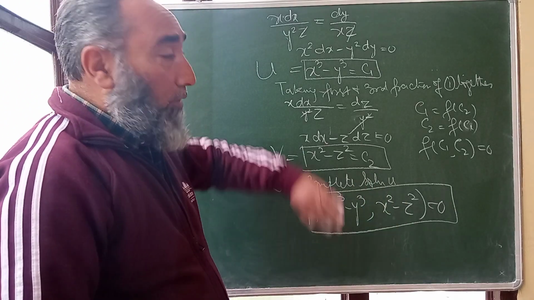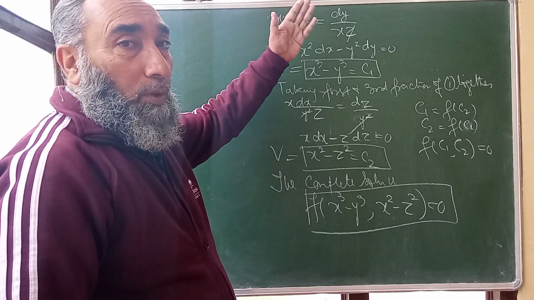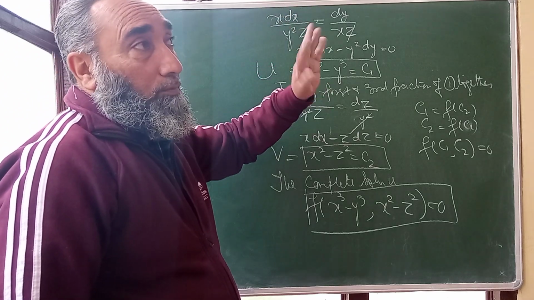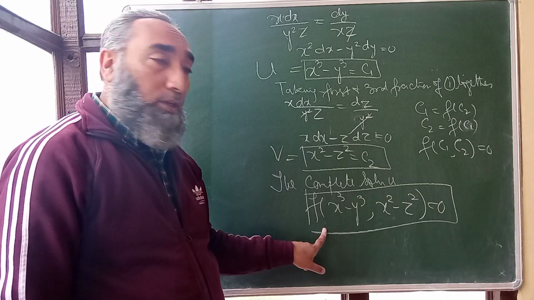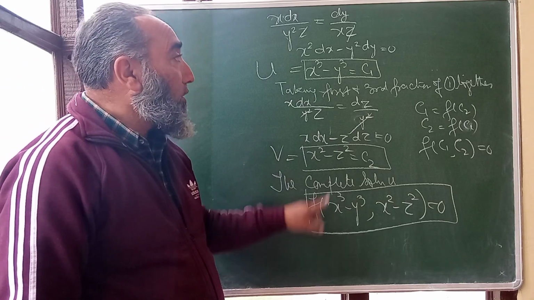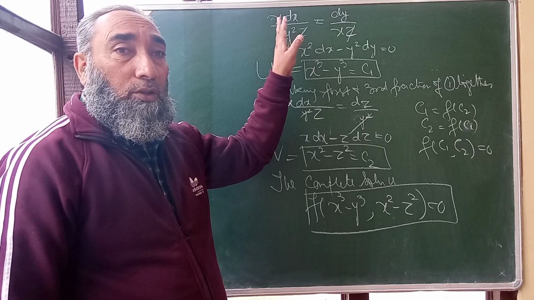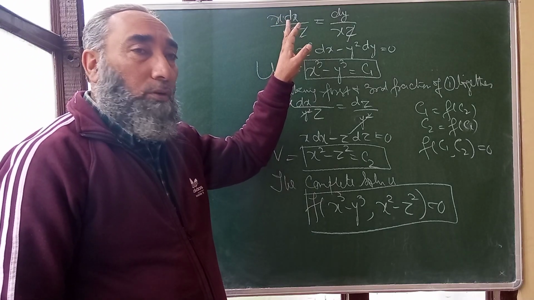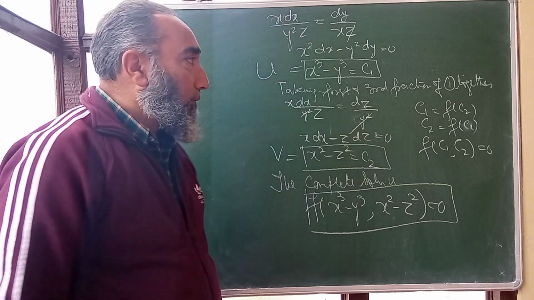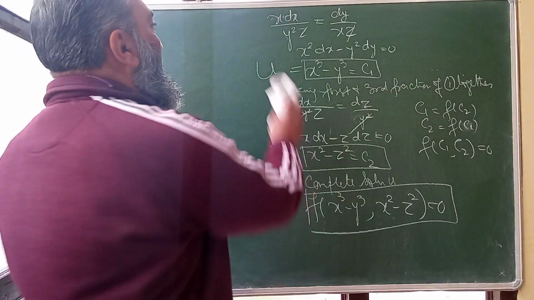If I go for elimination in the formation of partial differential equation, then this is a function. I have to eliminate f. I will reach the original question, y square z by x p plus xz q equal y square. Okay, let me take one more question.